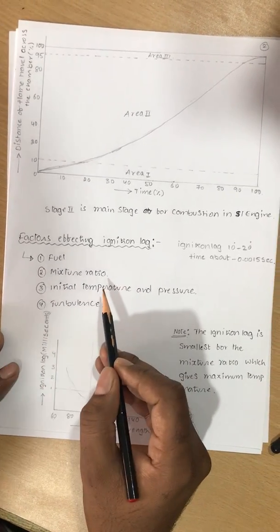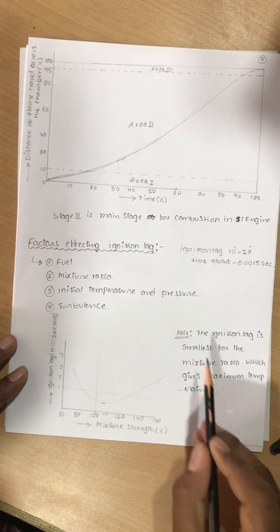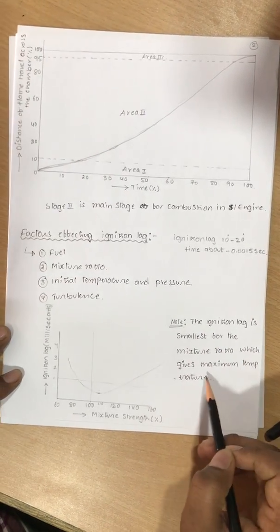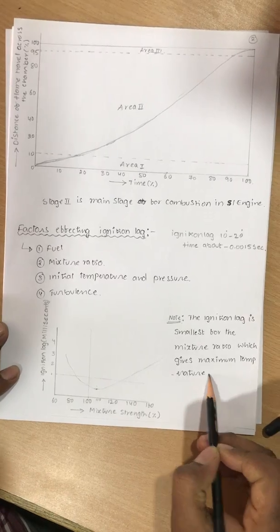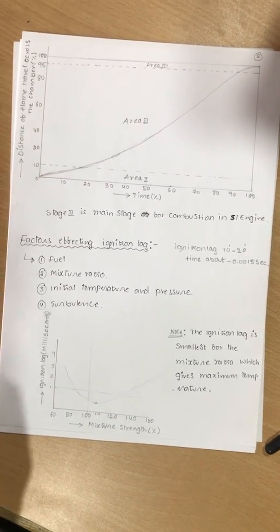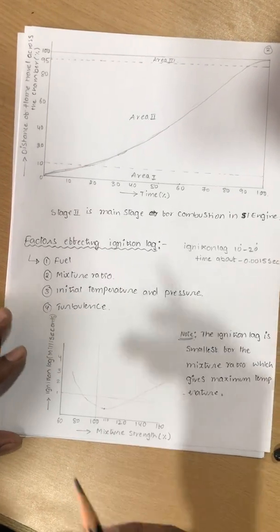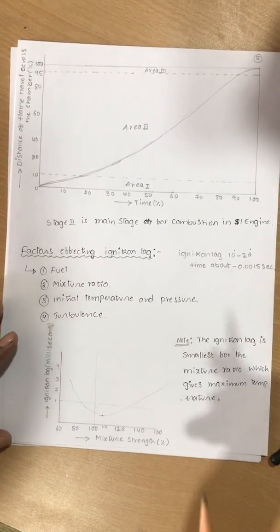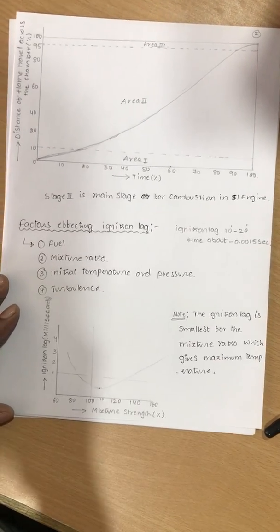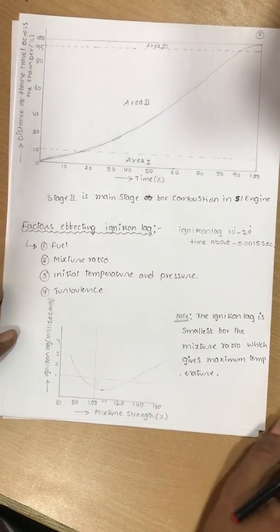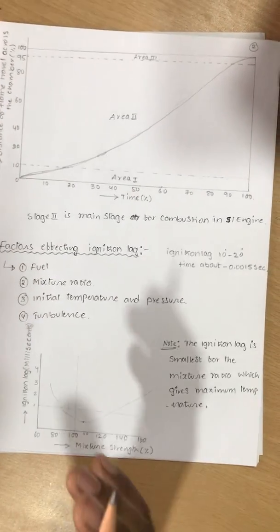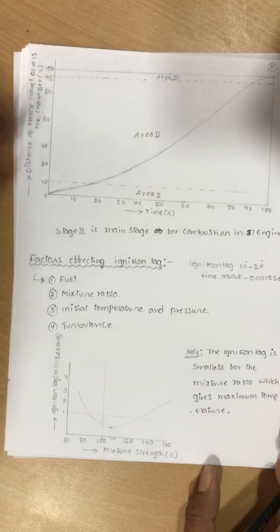The second one is the mixture ratio. Generally, the ignition lag is smallest for the mixture ratio which gives maximum temperature. Whether it is a rich mixture or a lean mixture, the mixture giving maximum temperature will have less ignition lag, because ignition lag mostly depends upon the temperature. The higher the temperature inside the combustion chamber, the lesser the ignition lag.